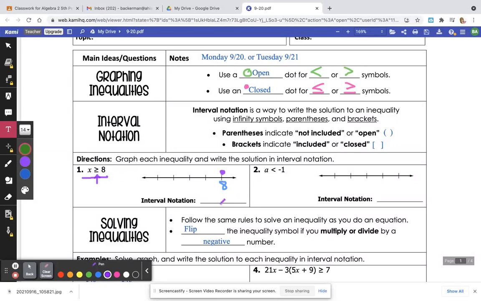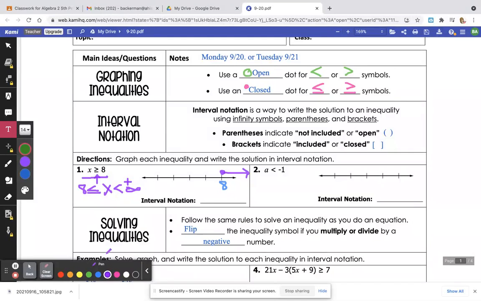From that, we know that x is greater than, so we're going over here to the right. Normally the way we would write this, we would have 8, then x is greater than or equal to, and then plus infinity, okay?